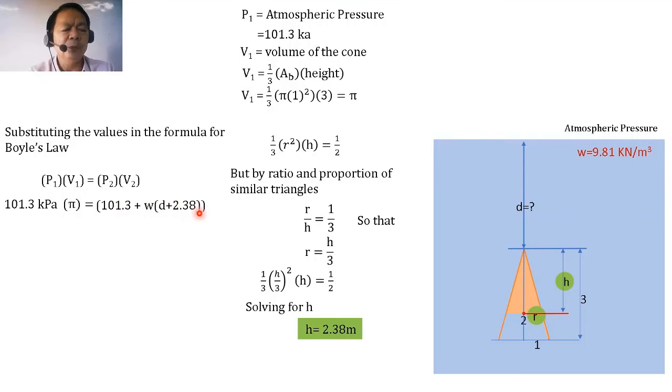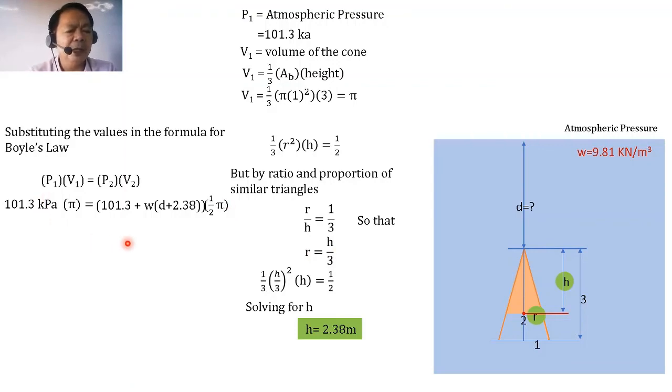So this will be multiplied by V2, which is computed to be the volume of the air here, and is computed to be 1/2 of pi, kasi kalahati na lamang ng cone ay napasok ng tubig. Therefore, kalahati ng cone ay air pa rin. So this is equal to half of pi.